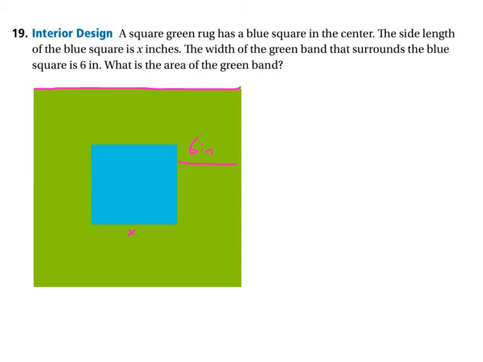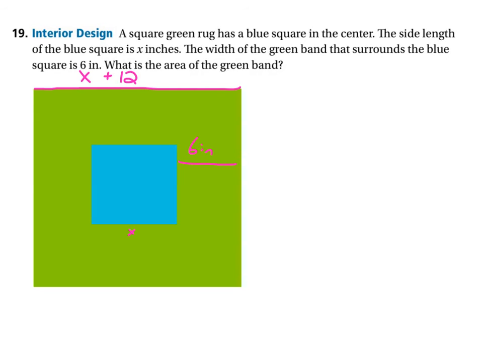So what is the total length of that square? Well, if you get 6 inches on this side and 6 inches on that side, that's 12 inches total. And then we've got this plus x, we don't know what that value is. So we're going to call this x plus 12. That is the length of that side.